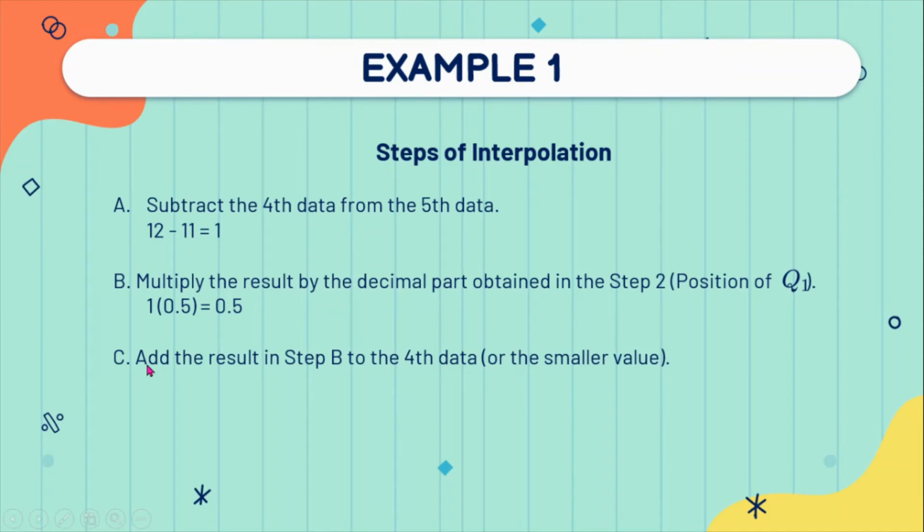And for the final step, add the result in step B, which is 0.5, to the fourth data or the smaller value, which is 11. That is 11 plus 0.5, that is 11.5. Therefore, our Q sub 1 or our first quartile is equal to 11.5.